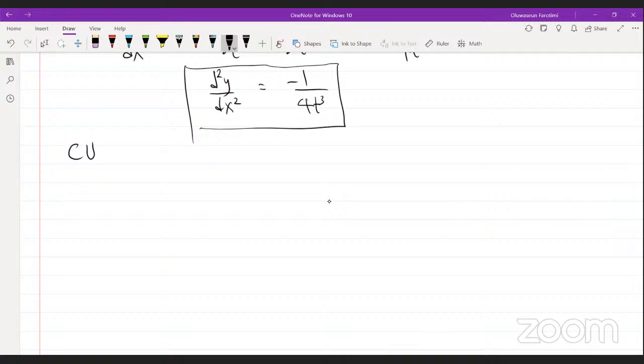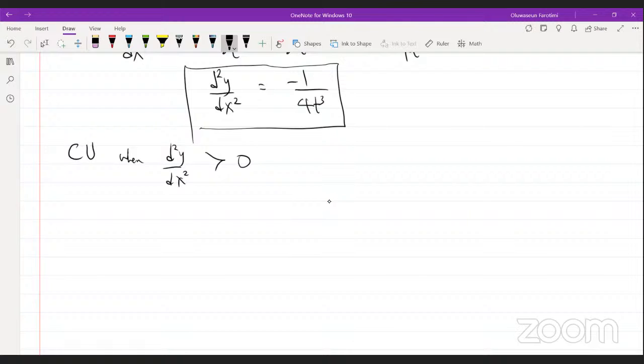What is the condition for concave upward? When this is strictly positive. So under what condition is this going to be positive? That's a question we need to answer right now.